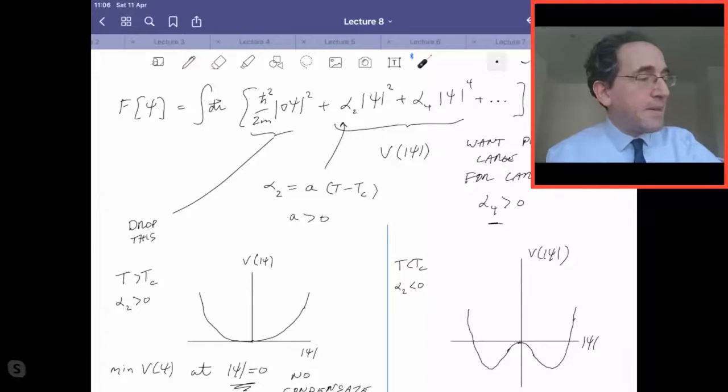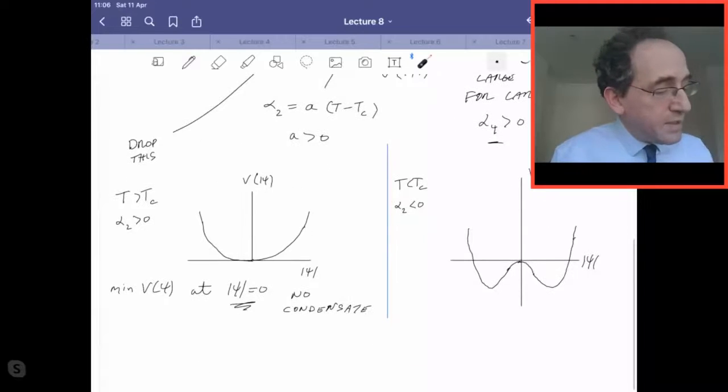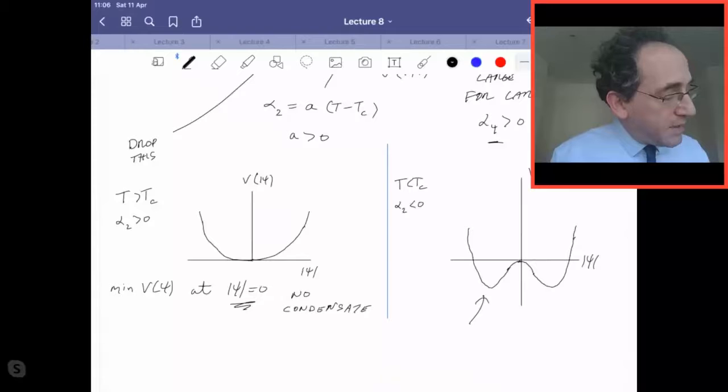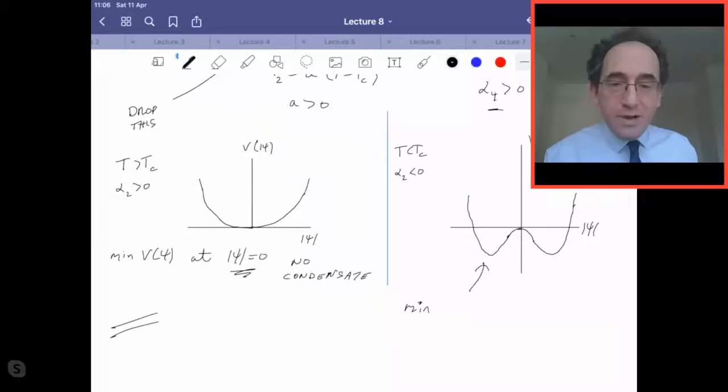It's symmetric. Okay. Now the minimum of this function, it's easy enough to show, maybe I'll just write this out here.